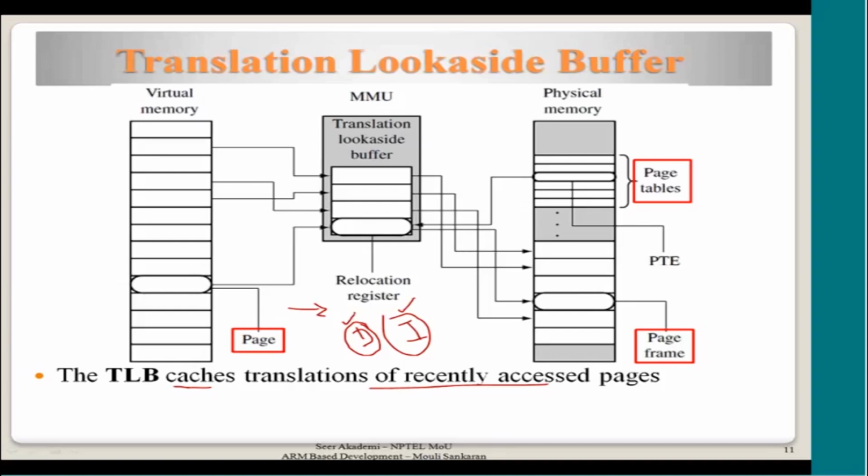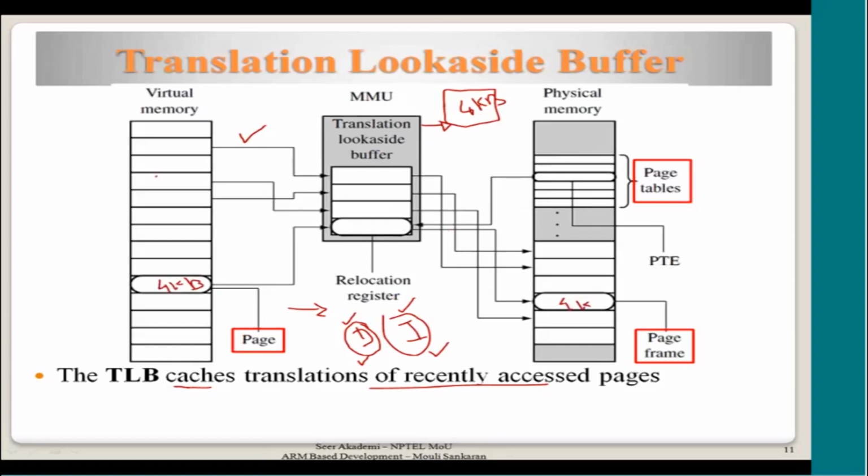Whether we want to access data or an instruction, the ARM processor will be generating the virtual address. When it is generated, a set of addresses will have the same translation. Why am I saying that? Suppose you assume a 4 kilobyte page. This 4 KB block will be sitting in this place, right?